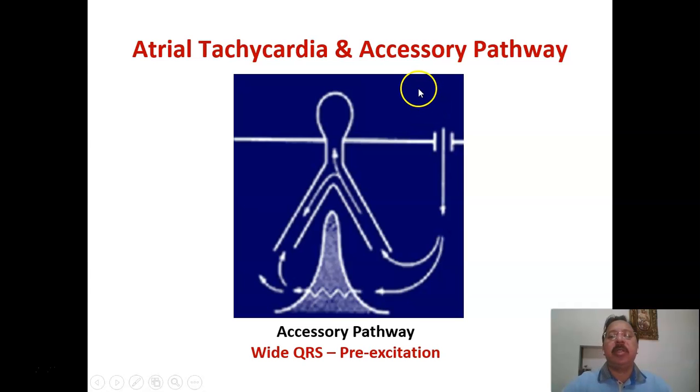Sometimes the impulse originates from the atria, then it follows accessory pathways and reaches the myocardium. As this is the non-specialized conduction area, the QRS complex becomes wide as it travels across the ventricles, and then it goes back in the retrograde fashion to the AV node and then makes a loop.